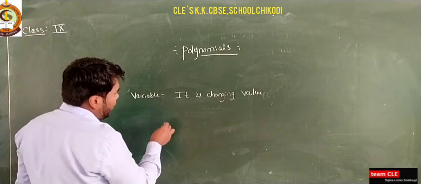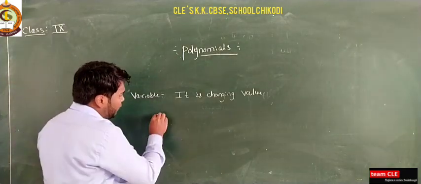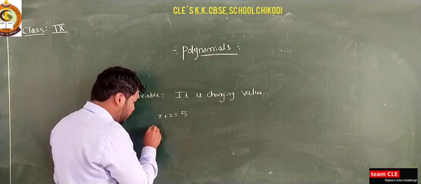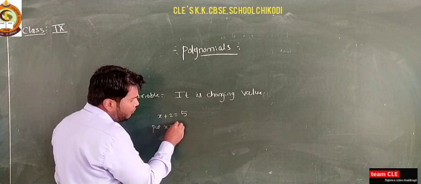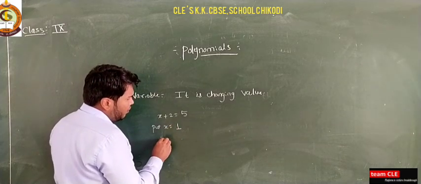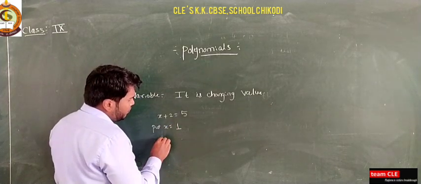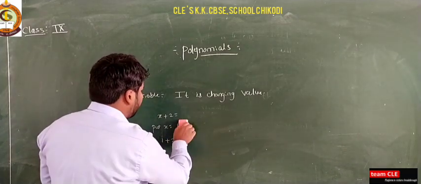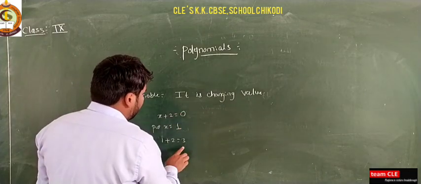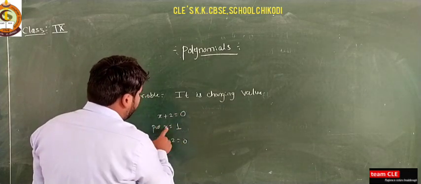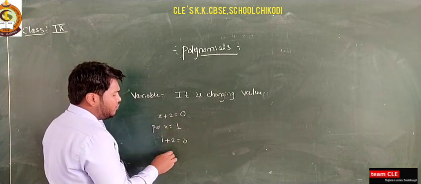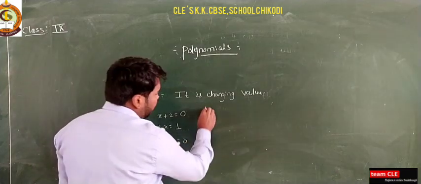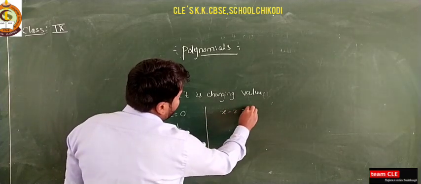As an example for a variable, take x plus 2 equals 0.